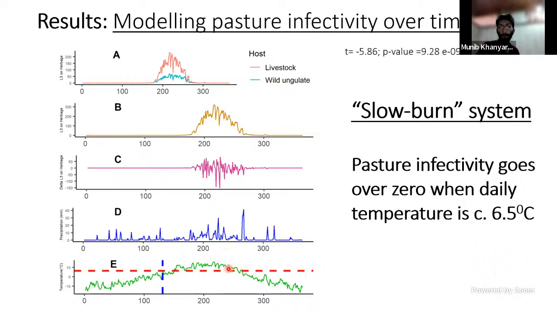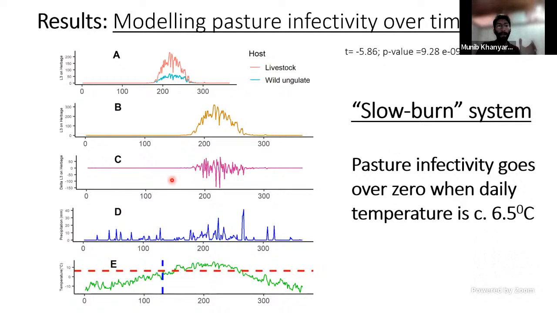And interestingly, this warm period, between May, June, July, August, and early September in our systems, is also a bit wet. That's when most of the rain happens. Towards the winter, it's super cold, but it's not that wet. You might have a lot of snow, but that's very limited to certain days. So that's very interesting, and this is classical slow burn system dynamics of a parasite.